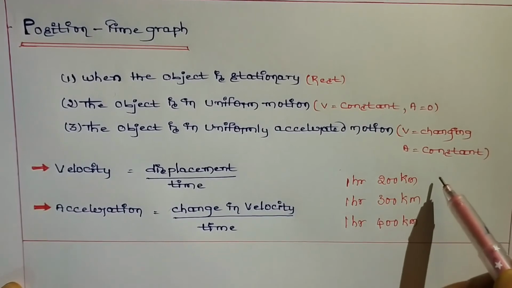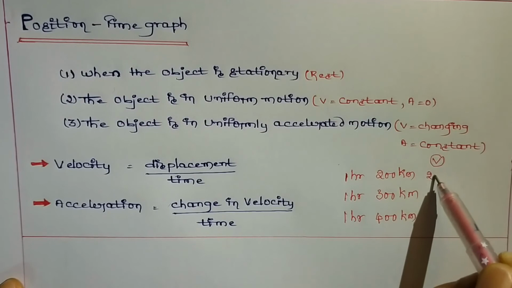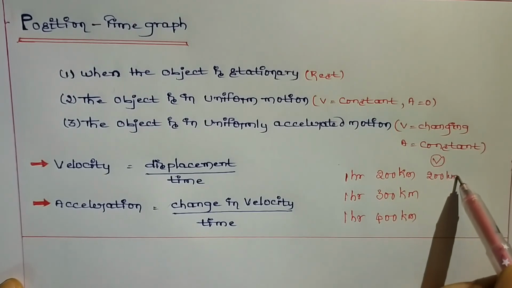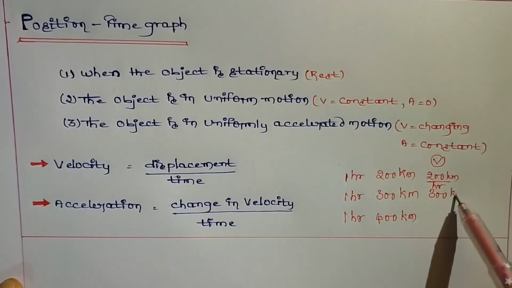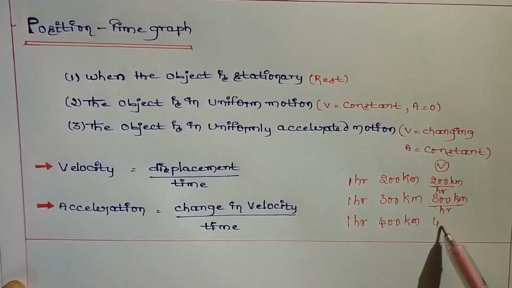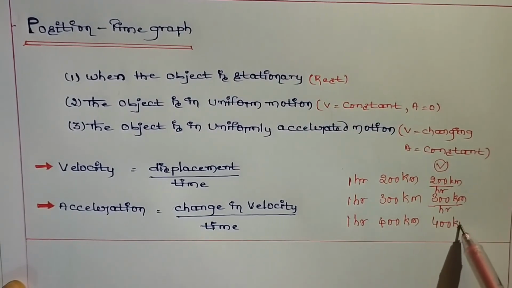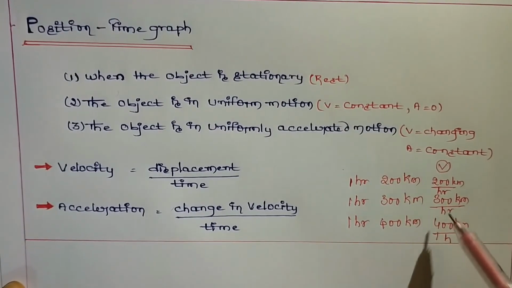In all these three cases, the velocity is 200 kilometers per hour, and in the second 1 hour the velocity is 300 kilometers per hour. And in the third 1 hour, its velocity is 400 kilometers per hour.